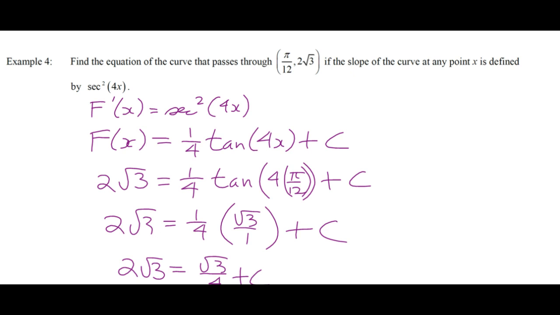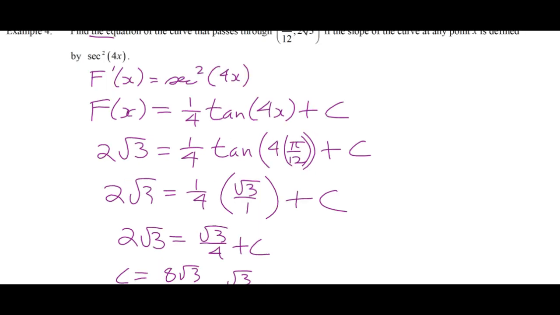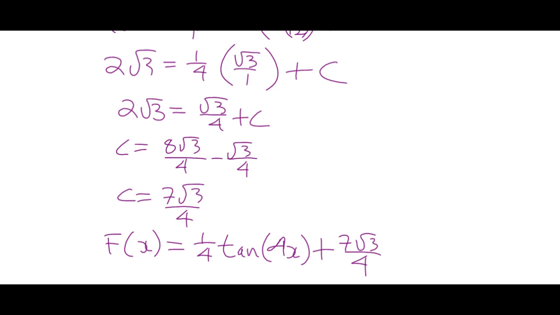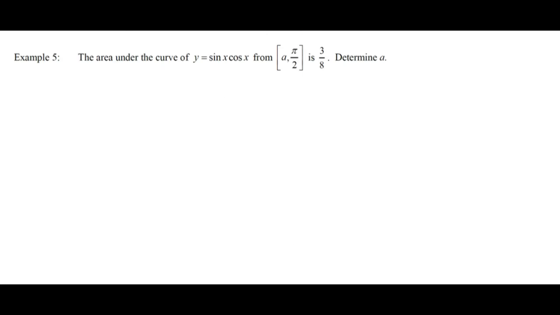So they gave us the slope so that we could do the antiderivative to get an equation, the plus c, into which we can substitute a known point, solve for c, and then get the equation. Yeah, a lot of times you ask, did I answer the question? No, I'm partway there, but I'm not there.